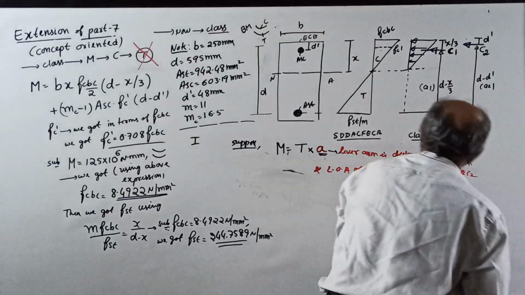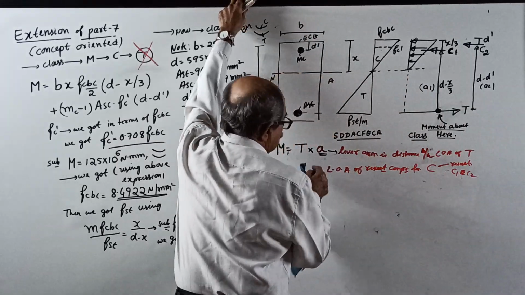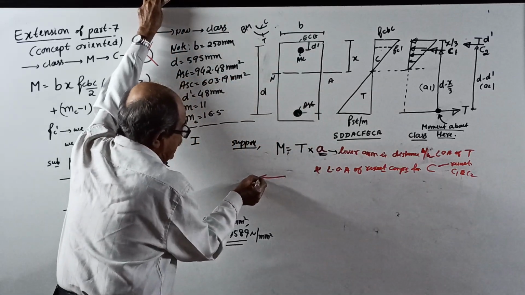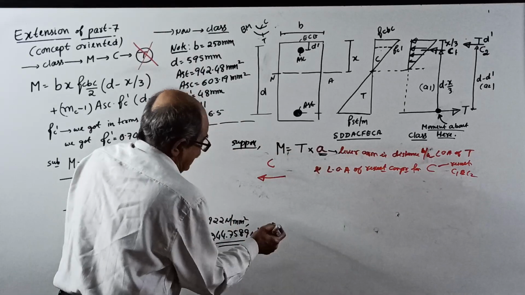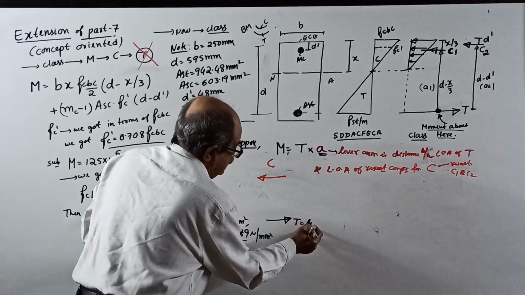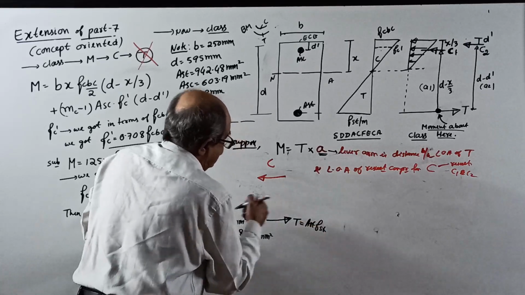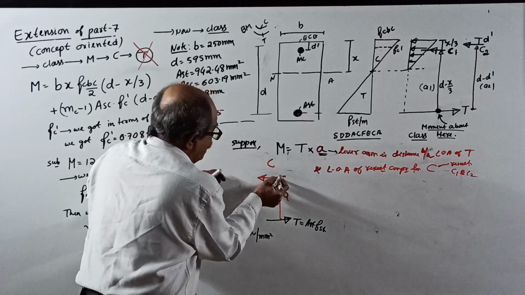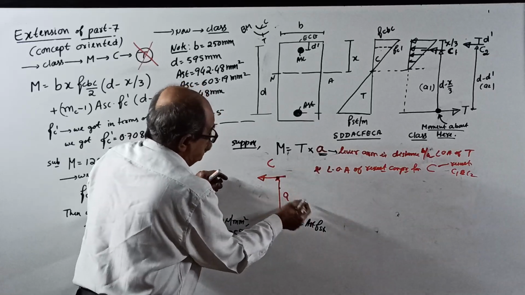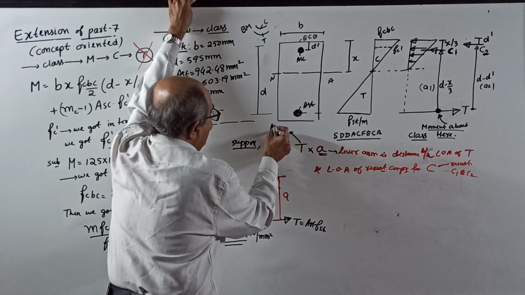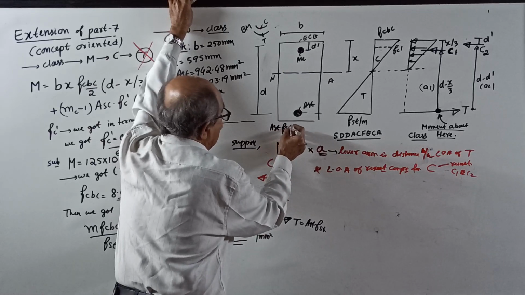So finally, you will get a single force C here. T is already here. This T equal to AST into FST. This is the new lever arm, A. Now if you take moment about this point, M equal to T into A. So T equal to AST into FST.